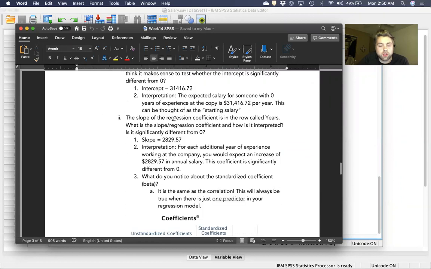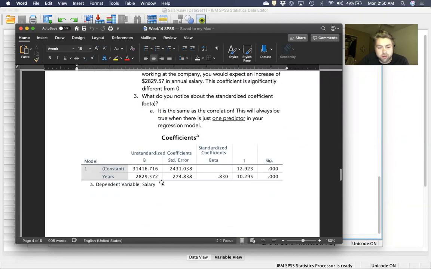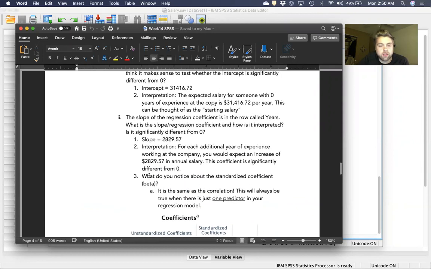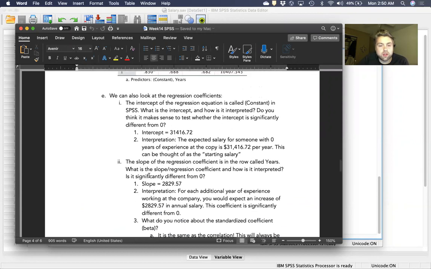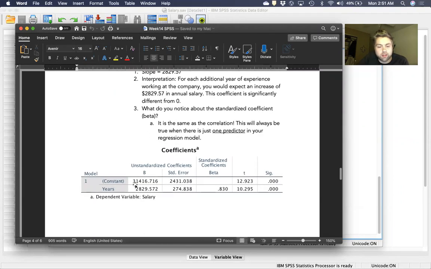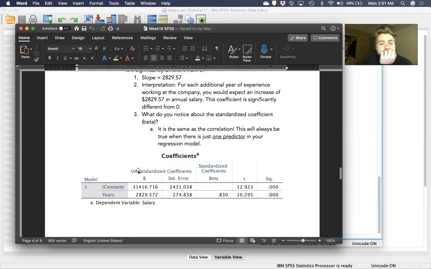And when you look at the regression coefficients, like I was showing you on the other page, you can see the intercept for the regression is the constant, right? This is the expected salary for someone who just started at the company. It's about $31,000 with 0 years of experience. But for every year of experience, you essentially get a $3,000 raise, just about.